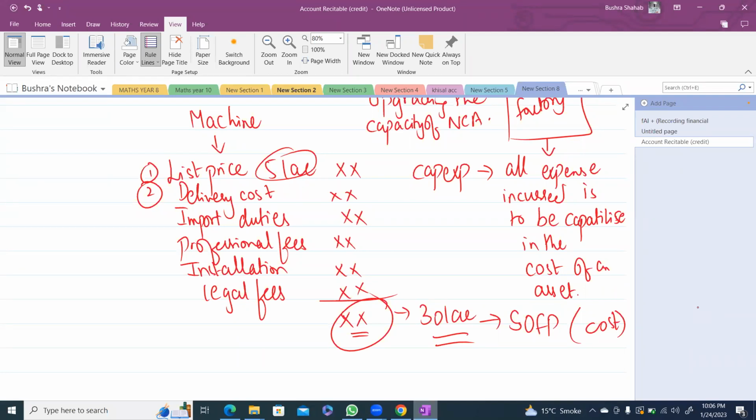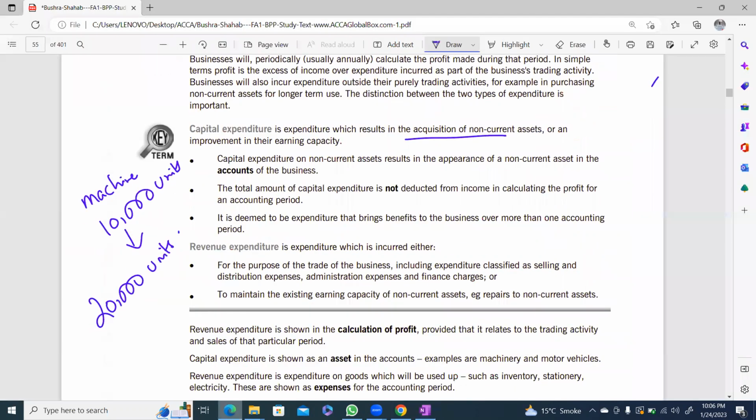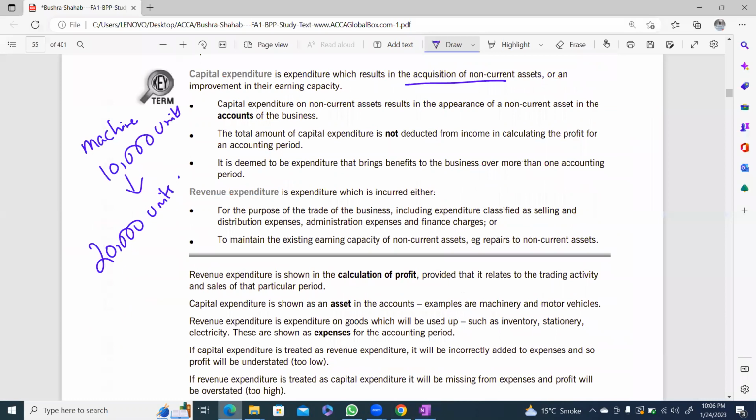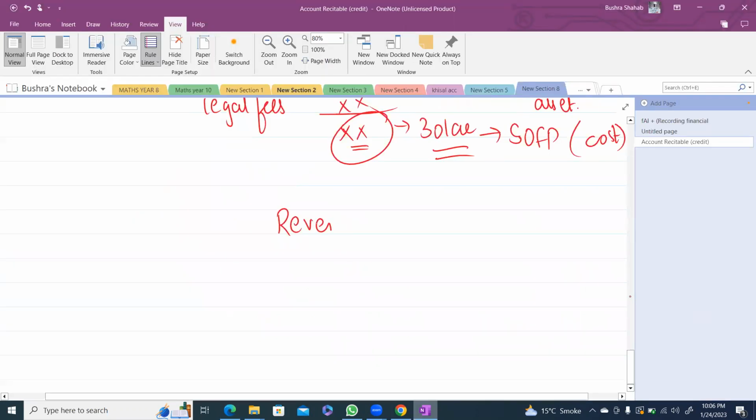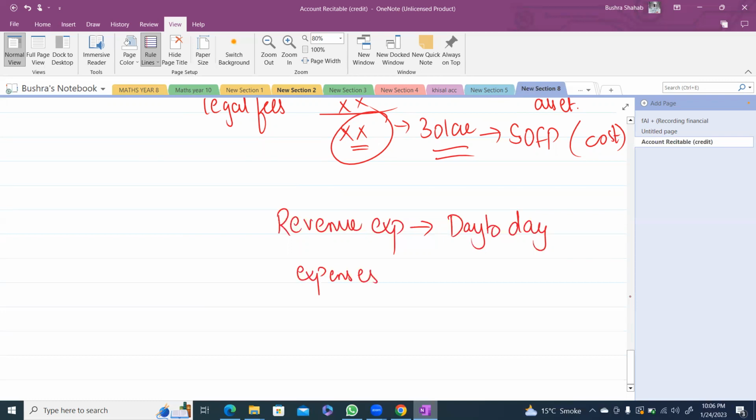Okay. Now, capital expenditure, I told you, is to be recorded as the cost of a non-current asset. Revenue expenditure is basically the day-to-day expenses of the business, or you can say expenses incurred to maintain the earning capacity of a non-current asset.